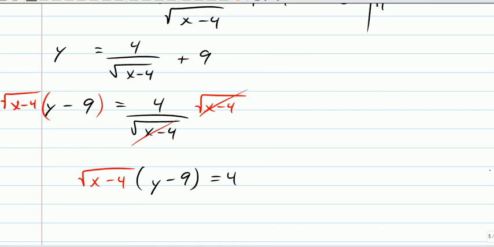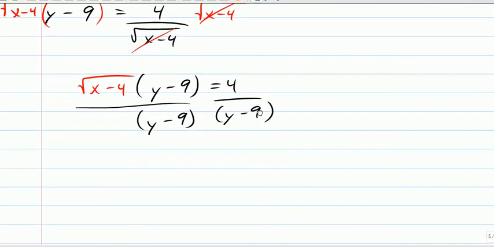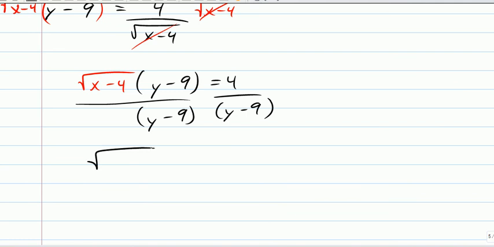Now I'm still trying to isolate x, so I'll divide off y minus 9. We're getting closer. Square root x minus 4 equals 4 over y minus 9. You can square both sides to get rid of the square root.